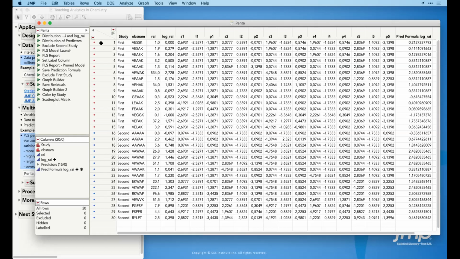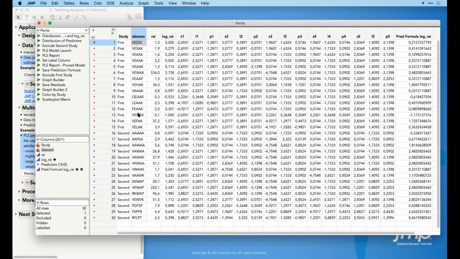Here we see exactly this for two studies, a first study and a second study. Each record presents a peptide chain of 5 amino acids, and these 5 acids are coded by letter in this column OBS/NAM.